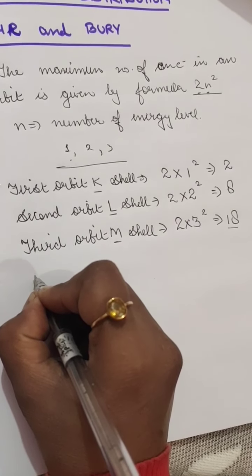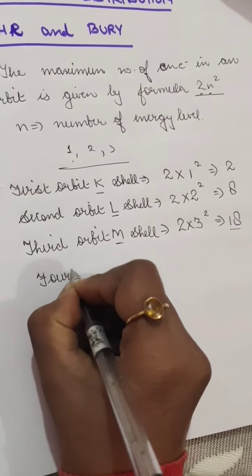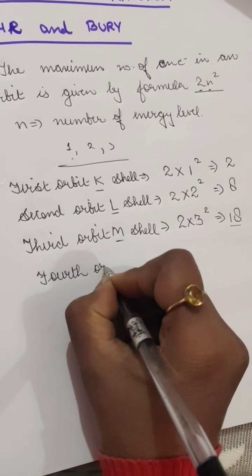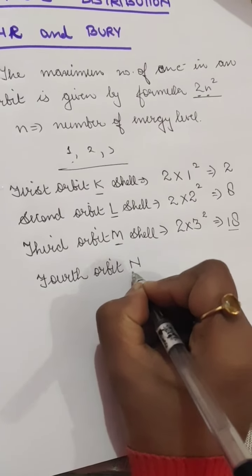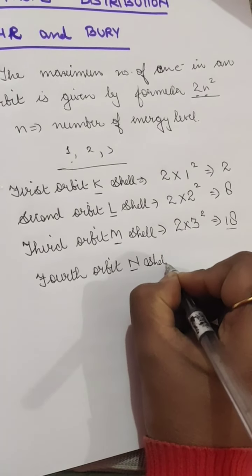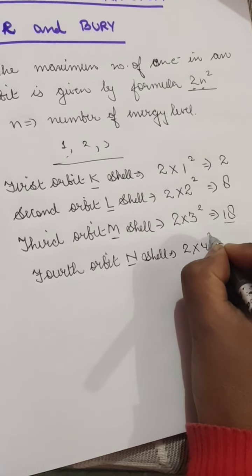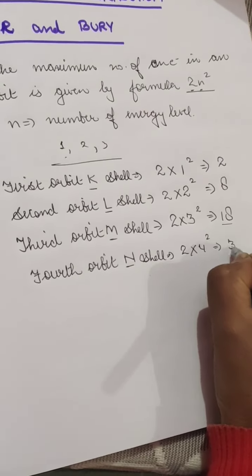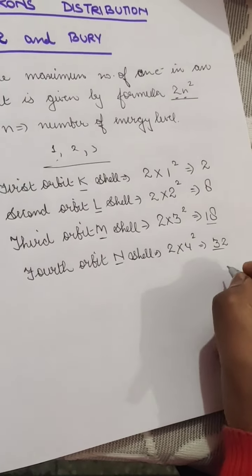And the fourth shell or the fourth orbit, the N shell, will have 2 into 4 square, which is 32 maximum electrons, and so on.